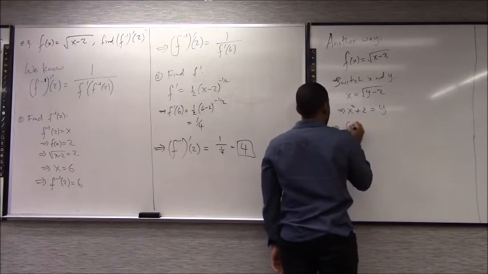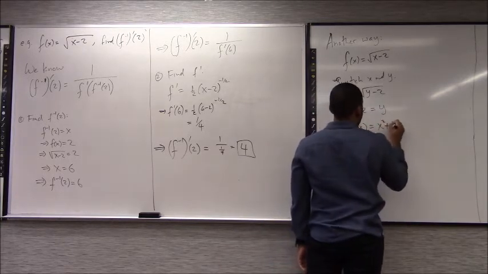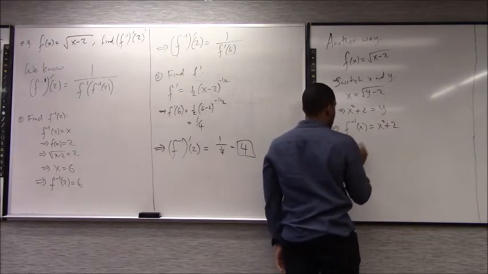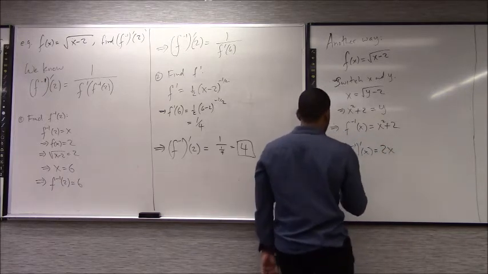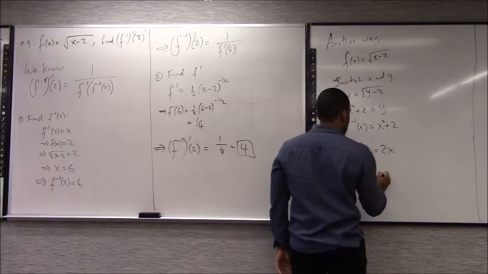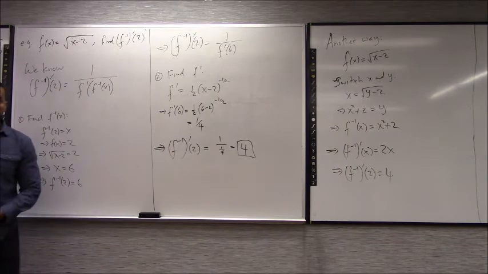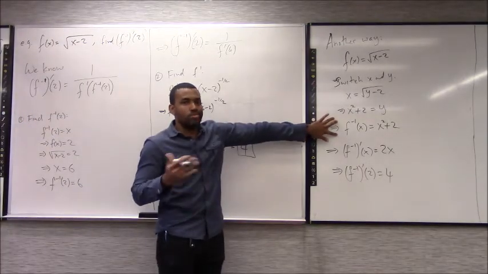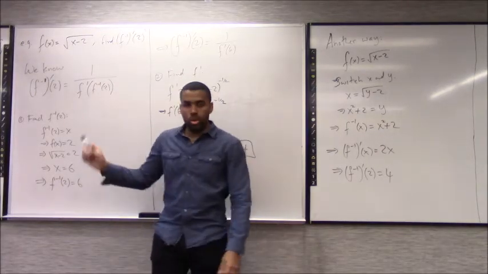And so f inverse of x is actually x squared plus 2. And so we can take the derivative of that function, which is 2x, and we get f inverse prime at 2 is 4. So that's another way. But the issue is, finding this function is in general not something you can do, but if we're only at a point, we don't really care.